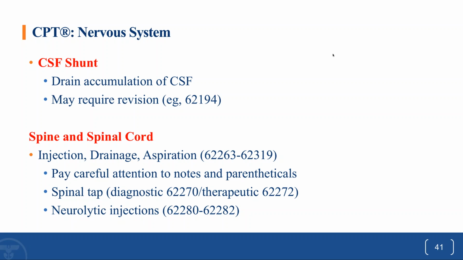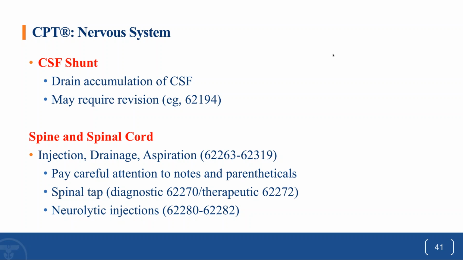CPT code 62225, that's the replacement. And look, it says replacement or irrigation. So irrigation is important to stand out. Or you have 62230, replacement or revision. 62252, reprogramming. I'm just highlighting the key terms in each of those CPT codes.